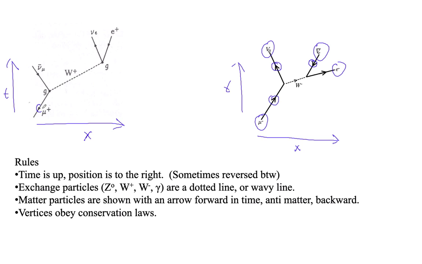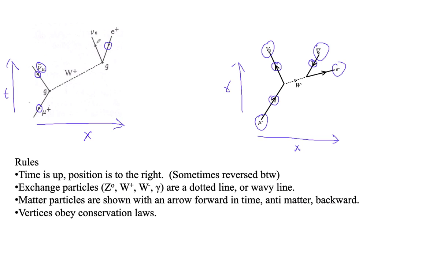Notice that the anti-muon is shown going backwards in time with its time arrow reversed. The time arrow of the anti-muon neutrino is also shown backwards in time. Then this can decay into an anti-muon neutrino and an anti-electron, or positron.